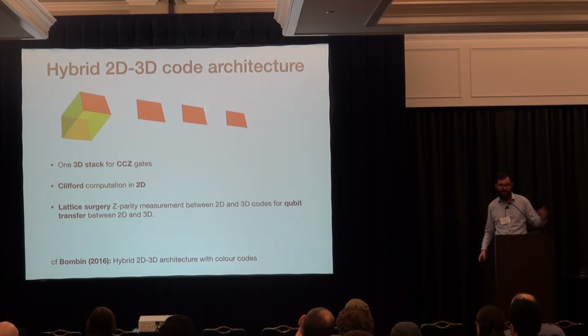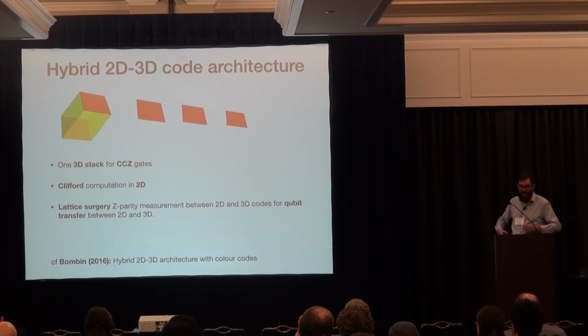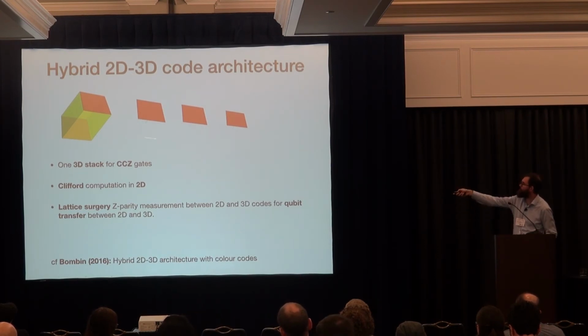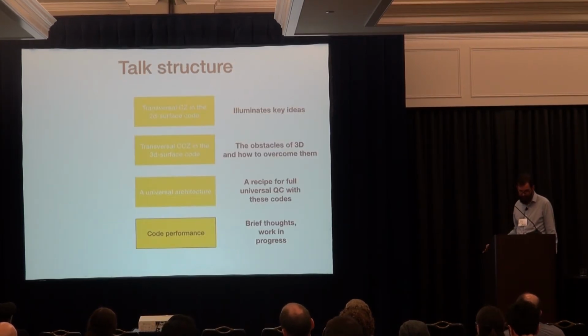We've also heard other talks using hybrid 2D and 3D codes. We can again use lattice surgery to transfer the information between the 3D and the 2D case, because we can perform lattice surgery and Z parity measurements between the string-like Z operators on our 2D code and the string-like Z operators on our 3D code.